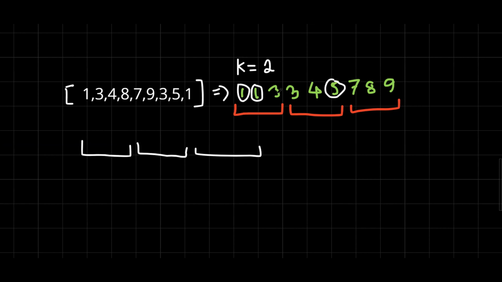Suppose we have taken 3 elements, which are 1, 1, and 5. Now it is definite that the difference between the first element 1 and the last element 5 should be greater than k, or the chance is higher.